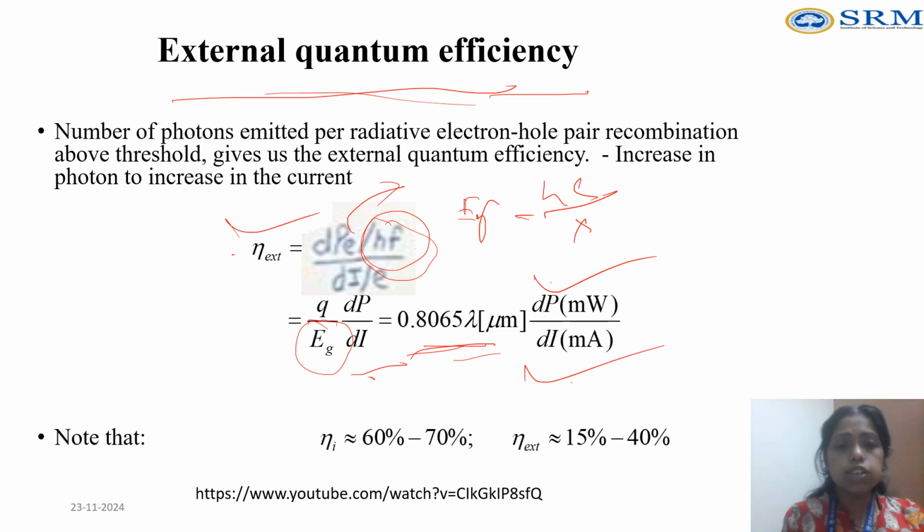So this is related to external quantum efficiency. Normally, if the internal quantum efficiency is 60 to 70%, the external quantum efficiency will be 50 to 40%. That's why I am telling that the internal and external quantum efficiency will not be the same, due to the device structure and orientation.